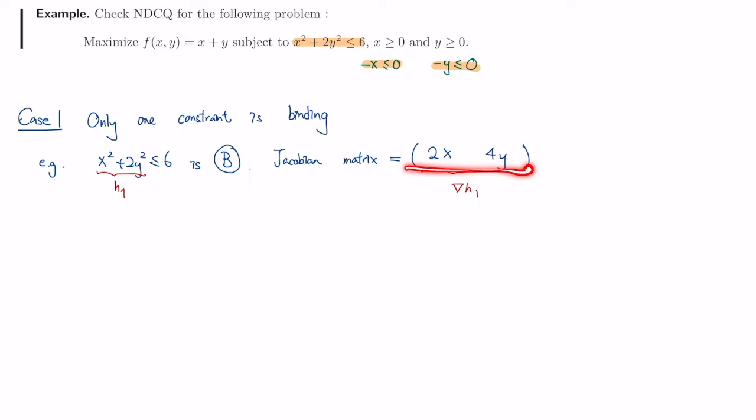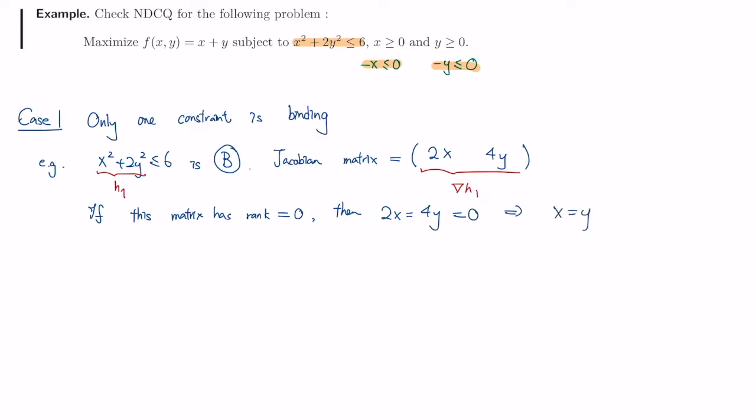But is it possible for this to have rank less than 1? If this matrix has rank strictly less than 1, so rank 0, then the two entries have to be 0.